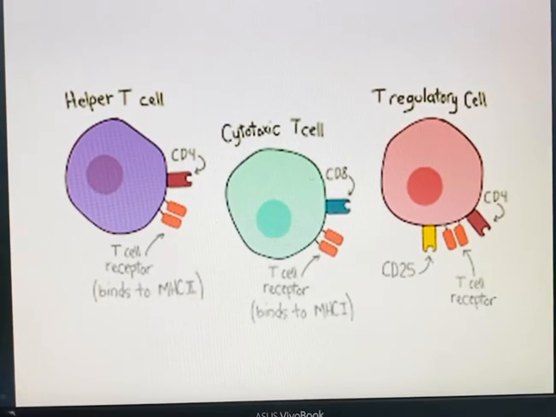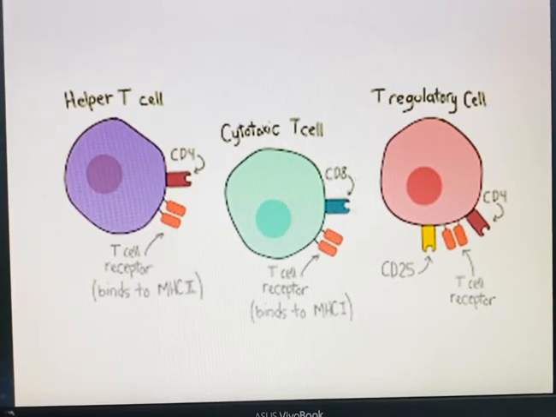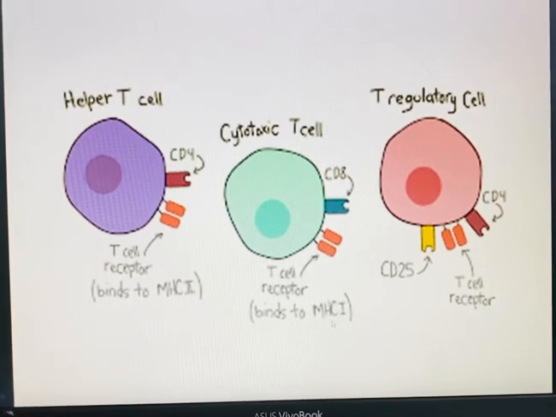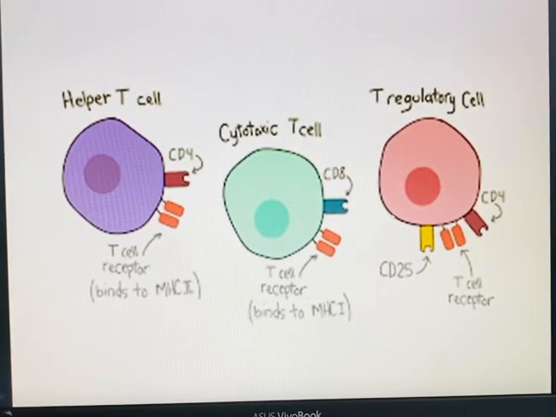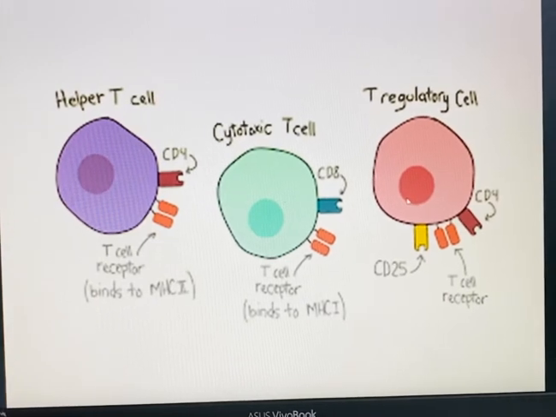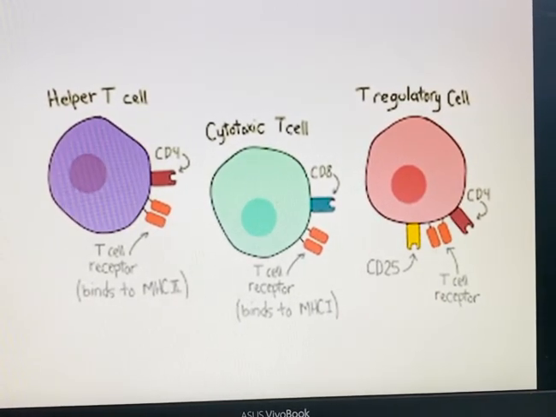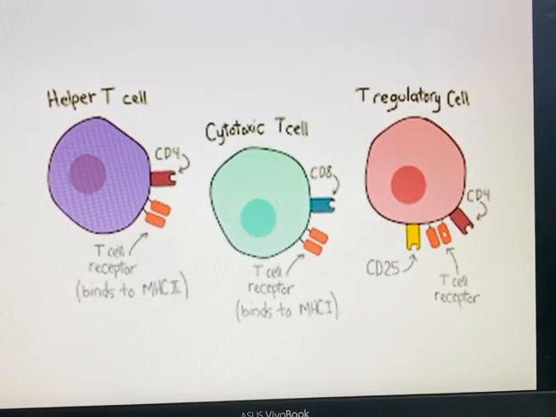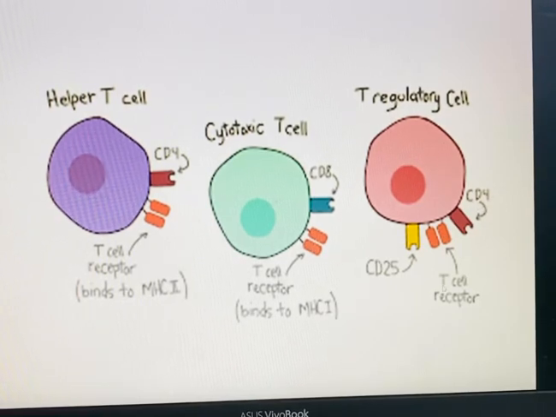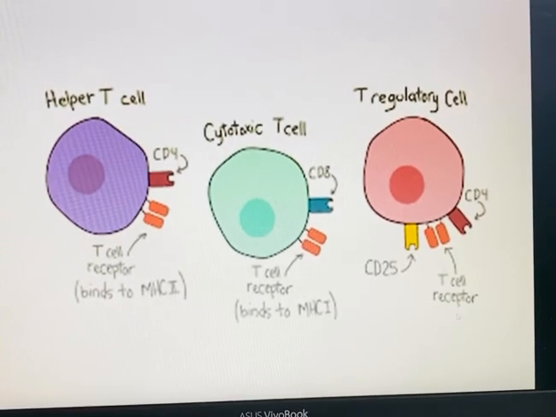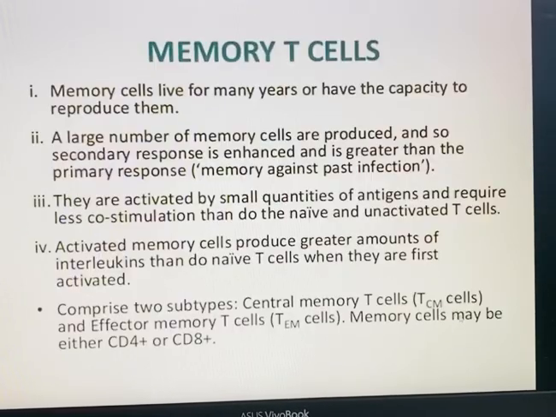Cytotoxic T cells produce CD8 and bind the T cell receptors related to MHC1. And regulatory T cells produce both CD4 and CD25, which is the binding site of the T cell receptors.